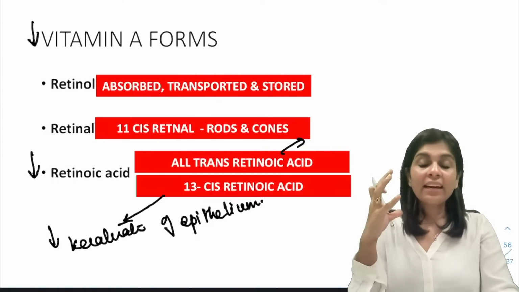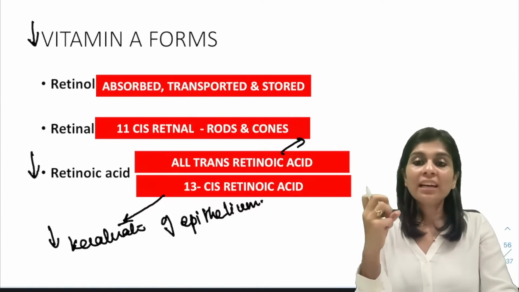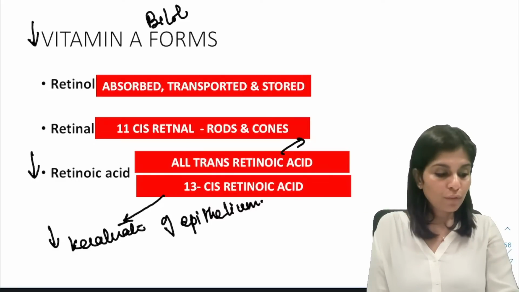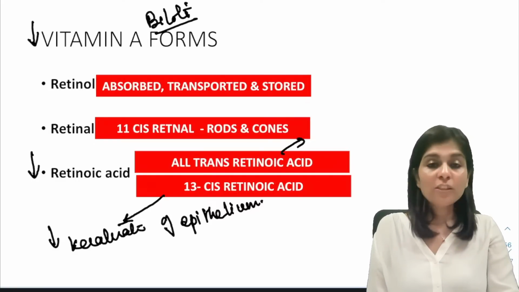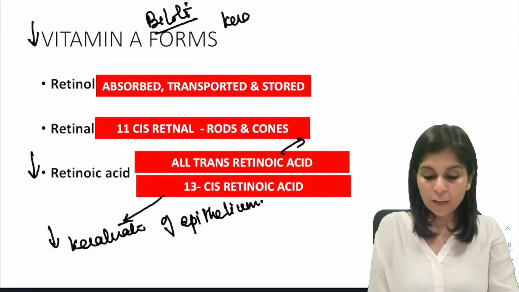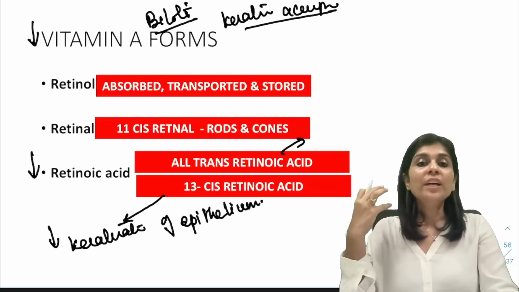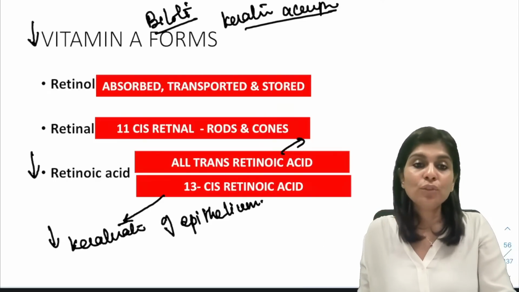The excess keratin in the eye will accumulate as Bitot spots. So tell me, what are Bitot spots? A Bitot spot is nothing but keratin accumulation, keratin debris is what we call it. So everything is because of keratinization of epithelium.